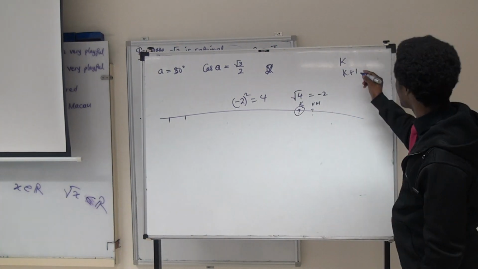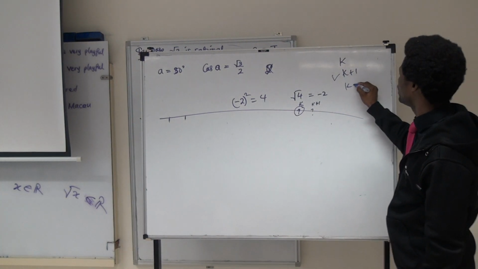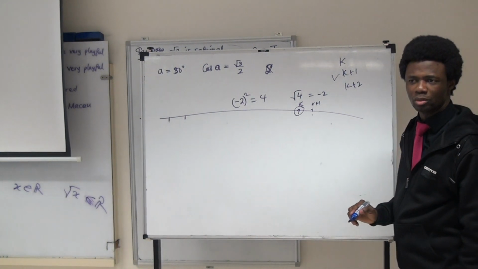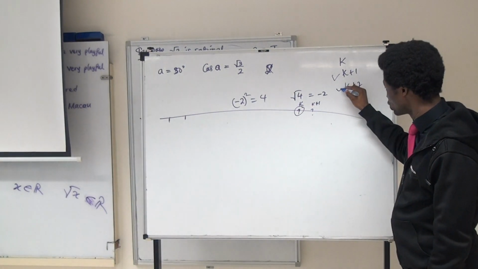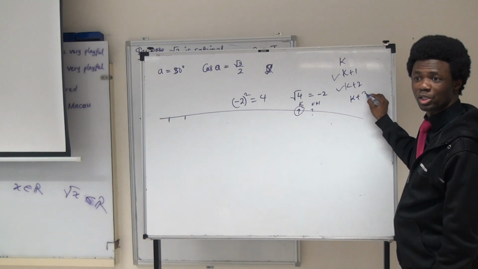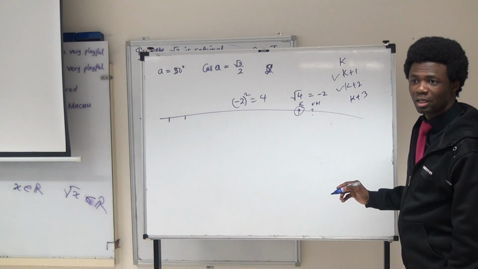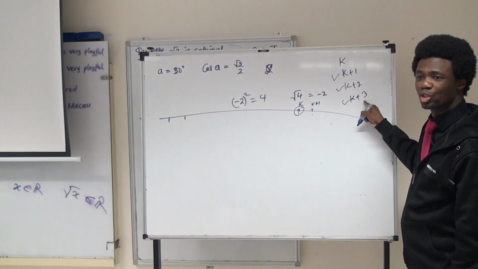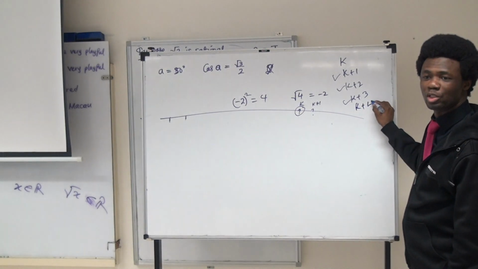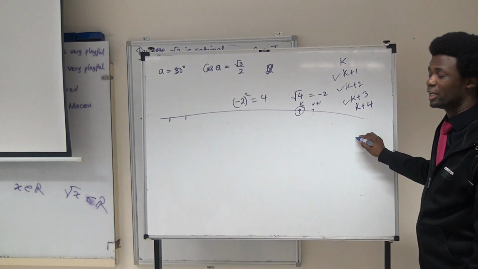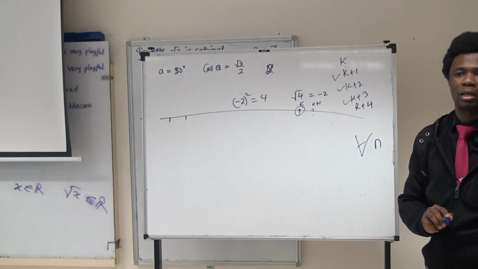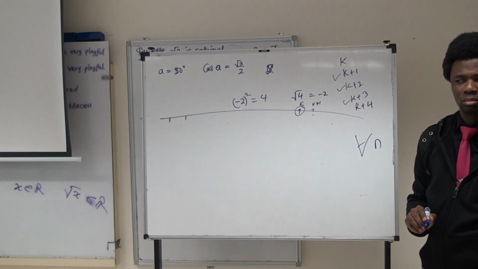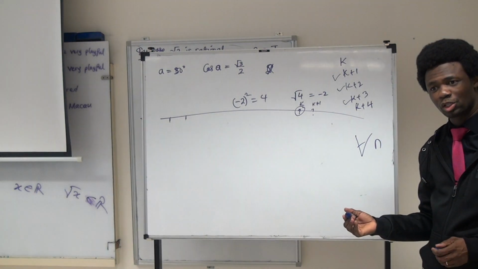It's the same as acknowledging that this is true, which in turn will mean that k plus 2 is true. Which also means that because this is true, what happens? K plus 3 situation will be true. And if this one is true, what happens? K plus 4 situation will be true. That is why we say it is now true for all n. Do you understand that? So this is the process of induction.